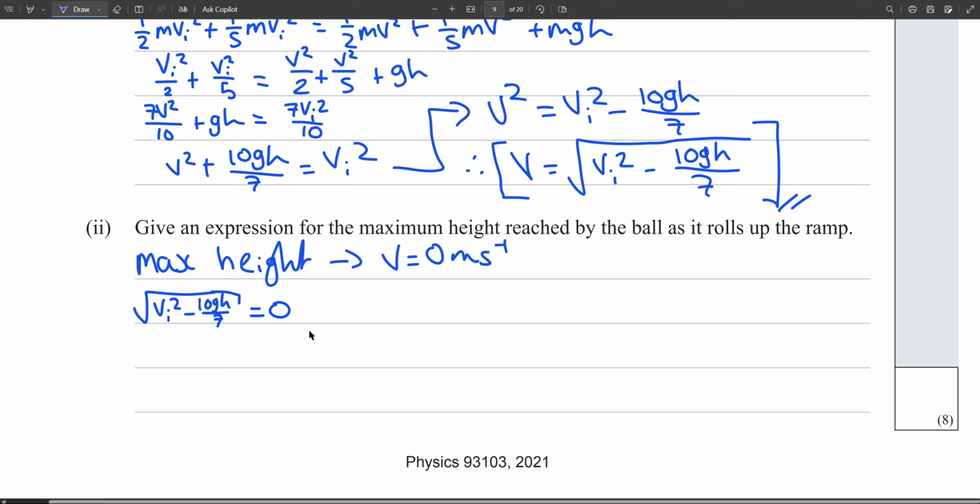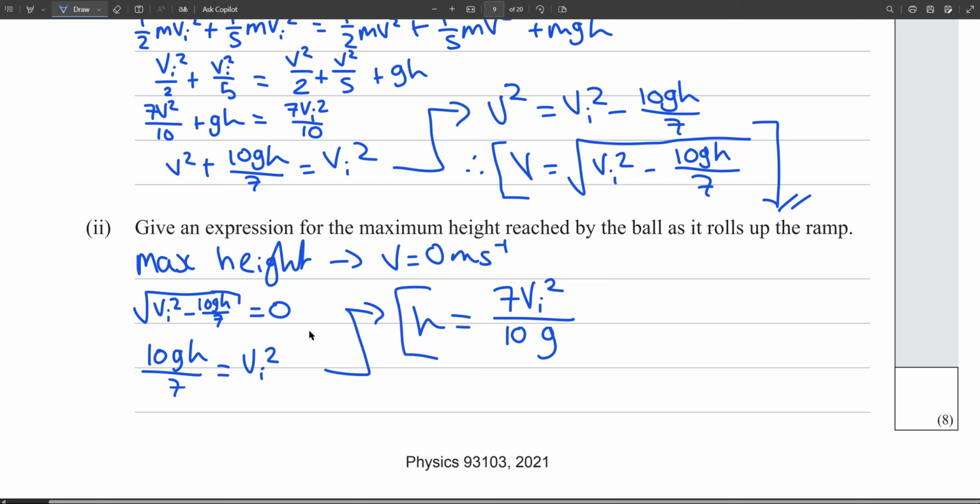Squaring both sides and taking the 10gh on 7 to the other side gives 10gh on 7 is equal to vi squared, and rearranging for height gives height equals 7 vi squared on 10g, and that is my final answer.